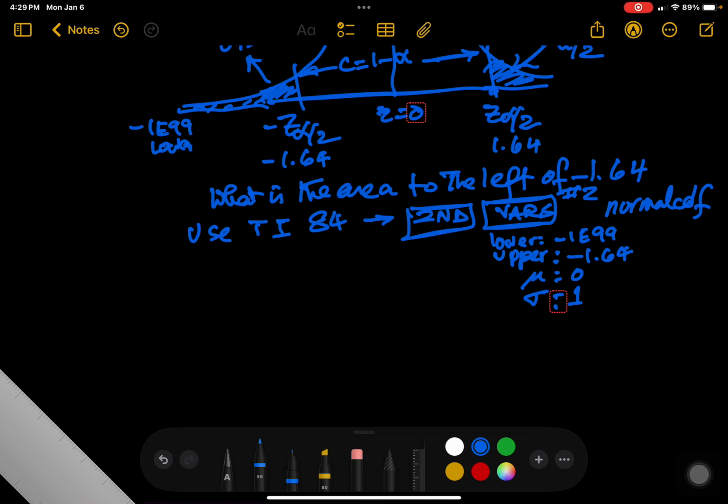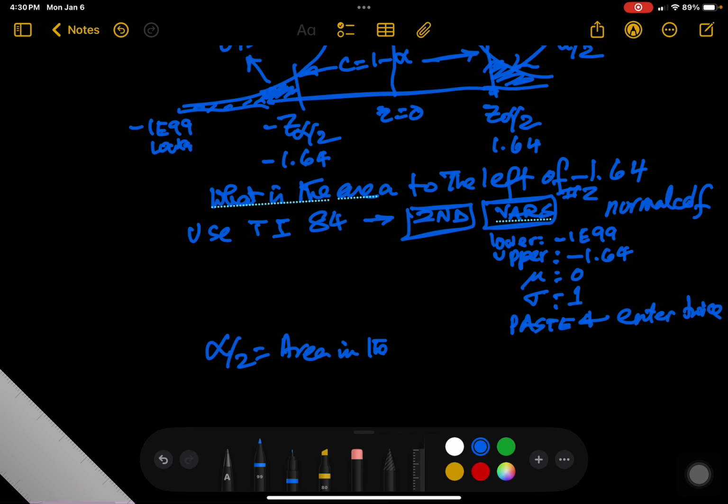This minus is next to enter. Then paste, enter, and enter. Paste is entered twice. So alpha by 2 is the area in the left tail.